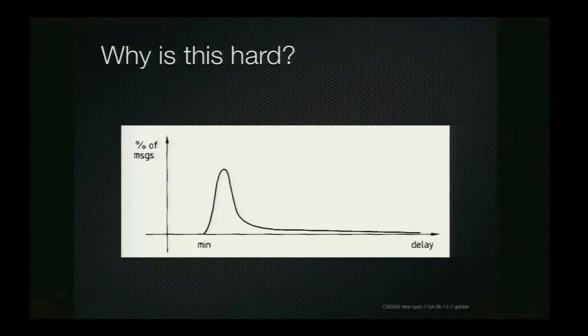Why is there a minimum? Speed of transmission. You're transmitting over copper wire or whatever, and the speed of electromagnetic radiation in copper is slightly less than in free space. Plus processing on each of the nodes.